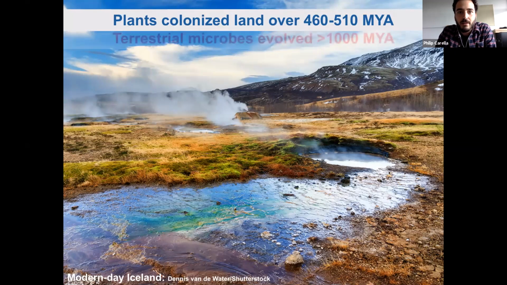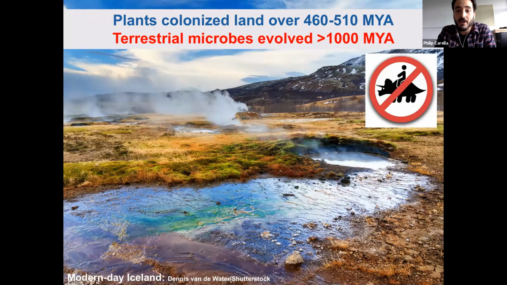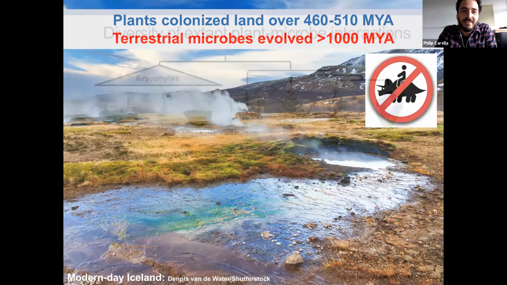And at this time, this environment was teeming with terrestrial microbes that evolved 500 million years even before this. So it was a pretty hectic environment, and definitely this is well before there were dinosaurs or people. So unfortunately, this is the only dinosaur cartoon that I can show today.